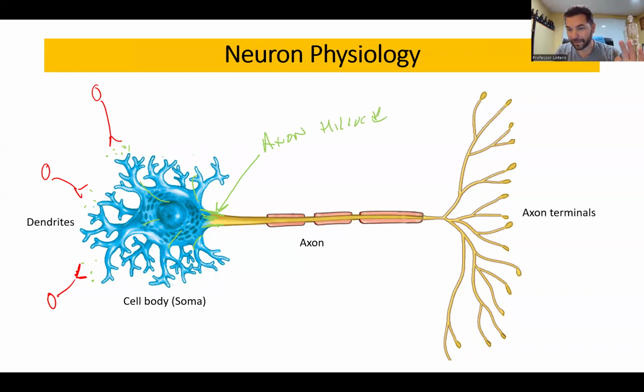The axon hillock is the location where we will determine whether or not we send a message, right? So this is the determining spot. If we, and we'll get into it, reach threshold at this spot, we'll send a message.